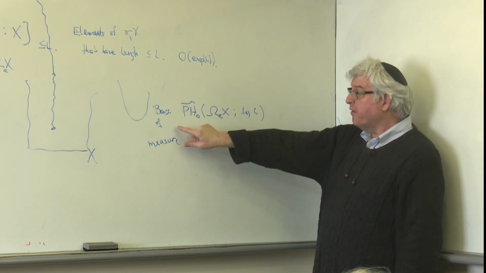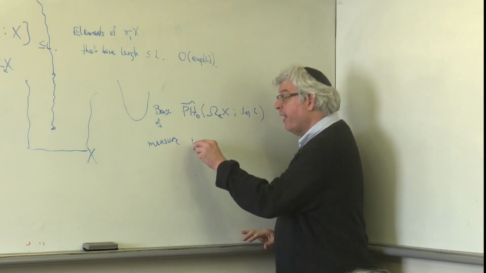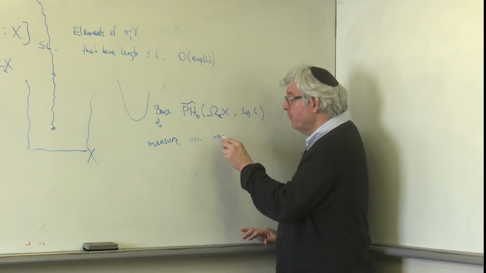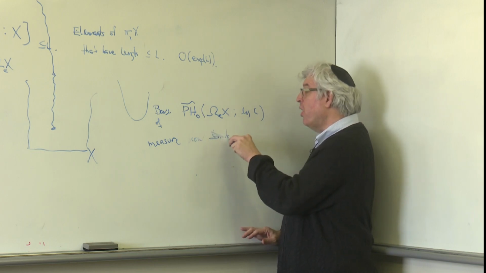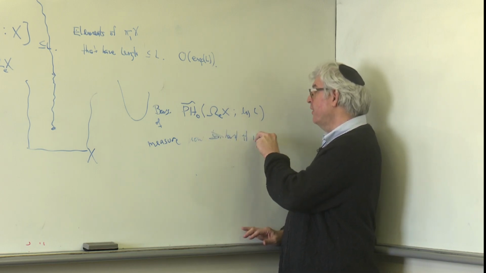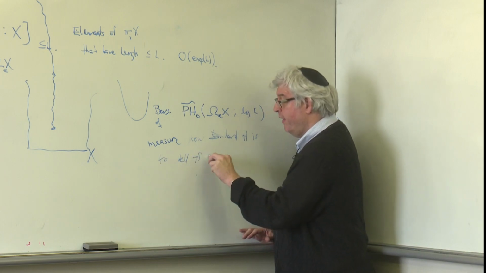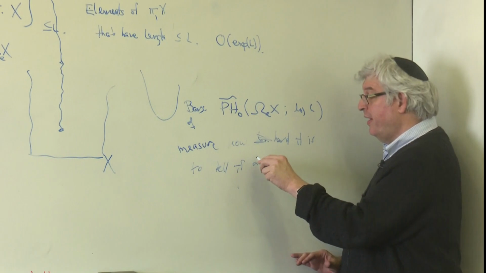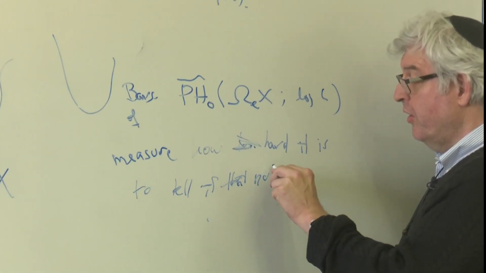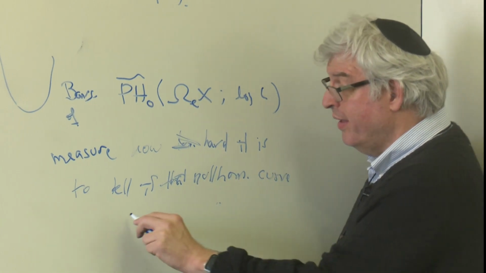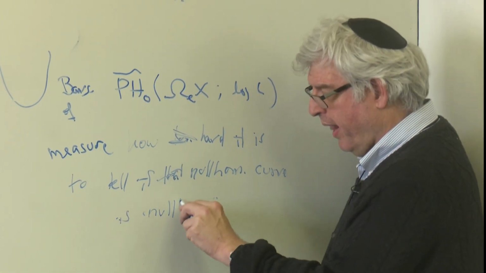So the bars of this measure how hard it is to tell that a null homotopic curve is null homotopic.